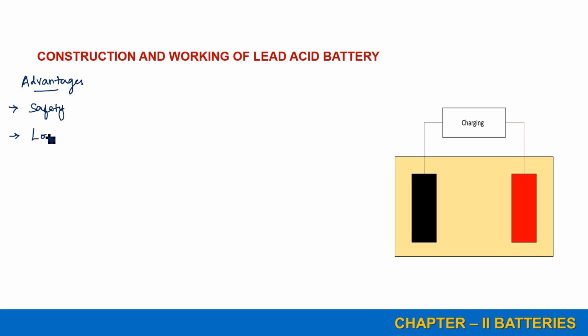So the cost of the battery will be very low, and then high reliability is another advantage over the other batteries. And then the chemical reaction takes place at room temperature. So the chemical reaction is a simple one.